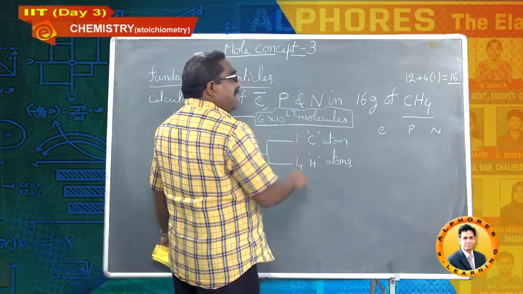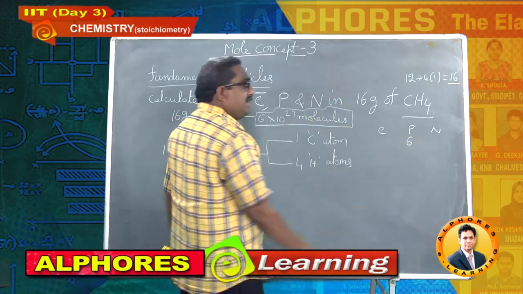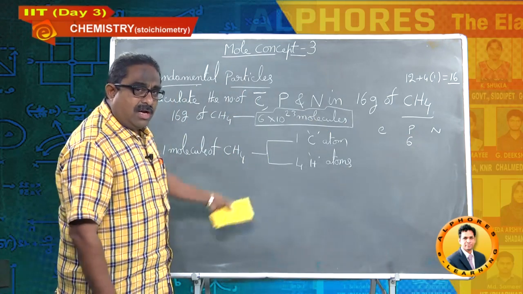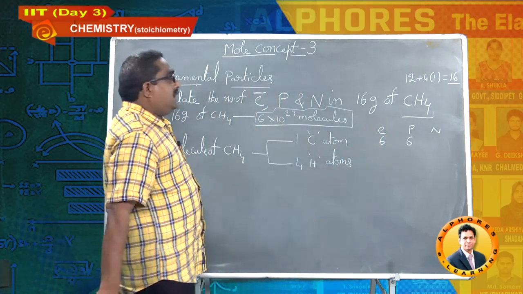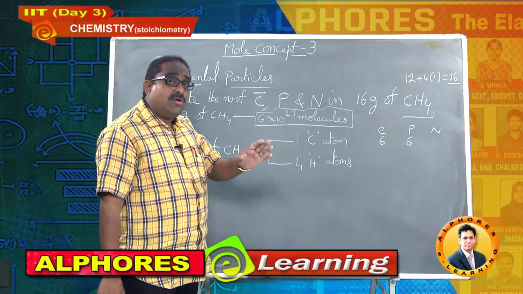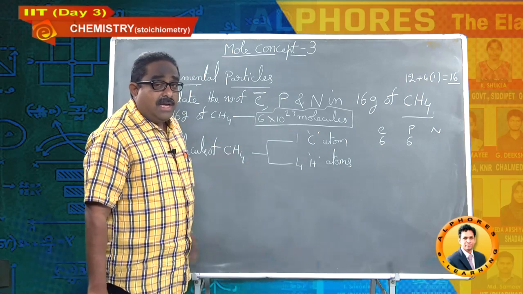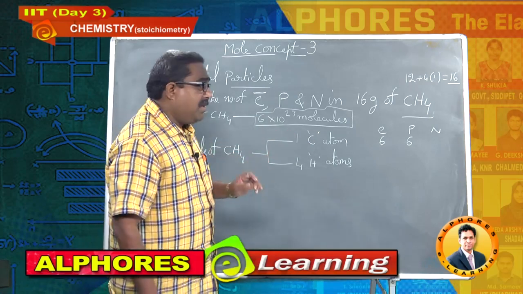We know carbon atom has atomic number 6. Atomic number is nothing but protons, that is 6 protons in one carbon atom. Carbon atom is neutral, no charge in that. So, you can write 6 electrons. To estimate the number of neutrons, I have already told you, you should know the mass number A minus Z, mass number minus atomic number only gives the number of neutrons.